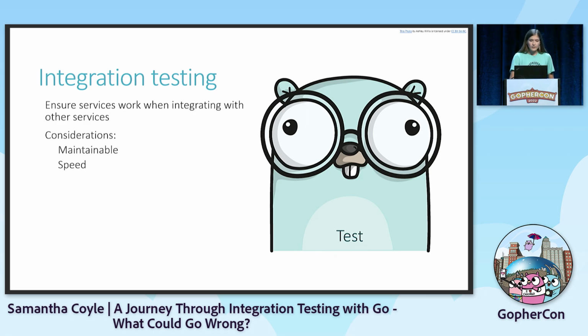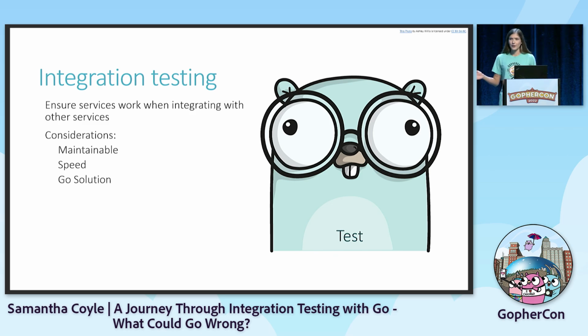Next up is speed. So with integration tests, you're spinning up a bunch of Docker resources, right? The spinning up of everything, then running those test cases, and then that cleanup phase takes time. So you need to be mindful of how long it takes.